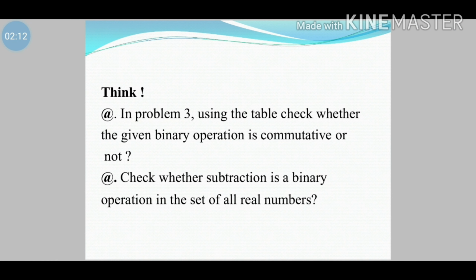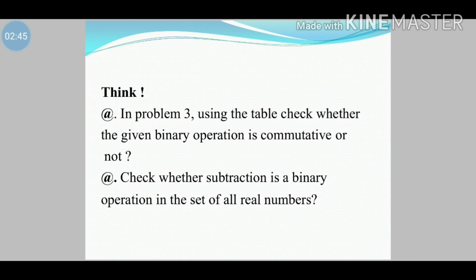Think about Part 1, problem 3, where we discussed the addition modulo n operation in the set Zn, where Zn is the set of all 0, 1, 2, 3, up to n minus 1. That is, Zn contains n elements. The operation modulo n means that if we take any two elements a and b in Zn, then a plus modulo n b means adding the two elements a plus b and dividing by n, and we consider only the least positive remainder.